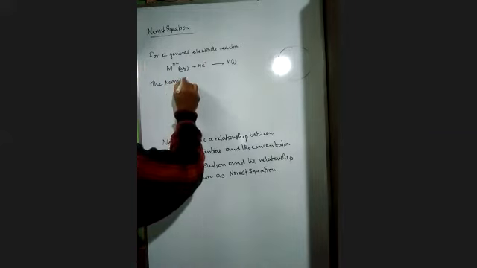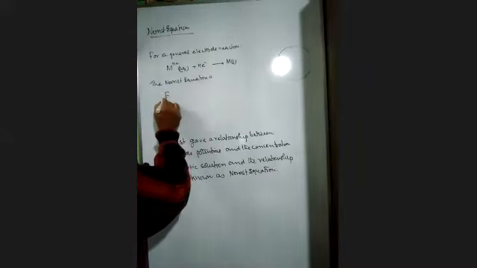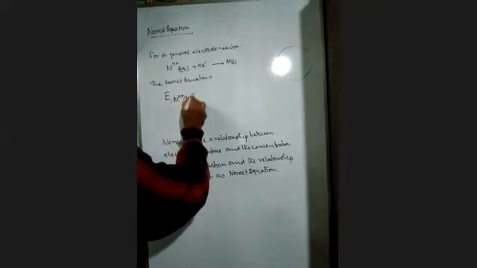The Nernst equation is E(Mn+/M). See, I did not put a 0 because I did not maintain the standard condition.